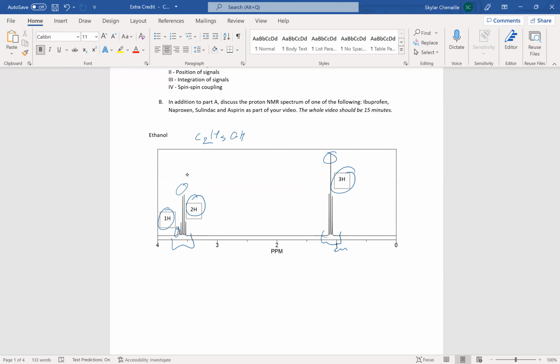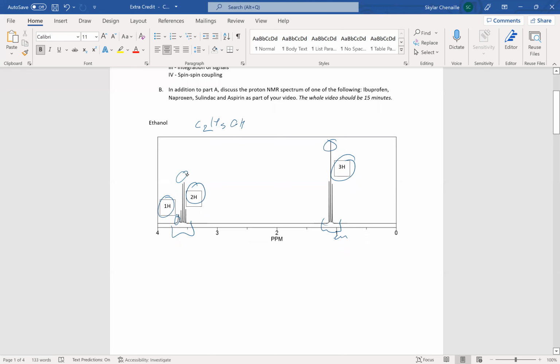So what we're going to do is take 2 times the number of carbons, which in this case is 2, plus 2, and subtract the amount of hydrogens. In this case, it would be 6. You might wonder why it's 6 instead of 5. There are 5 hydrogens here and 1 here, for a total of 6.